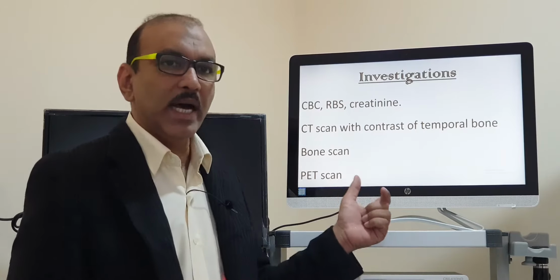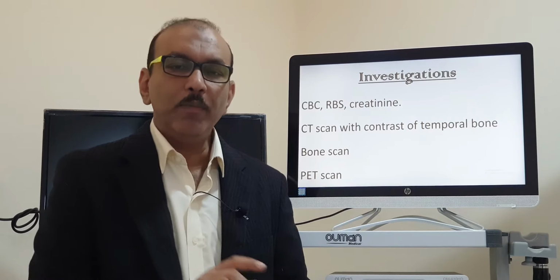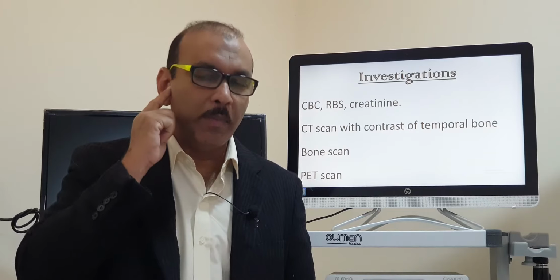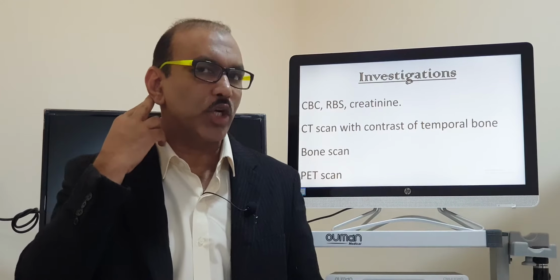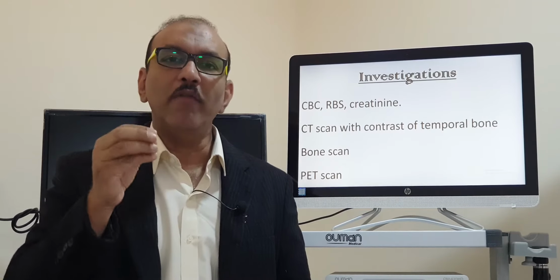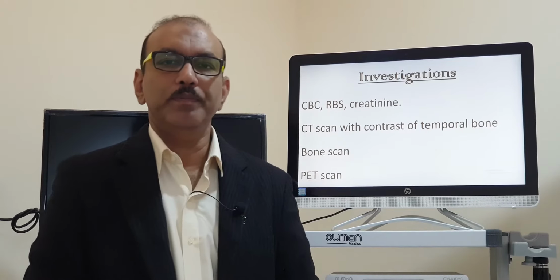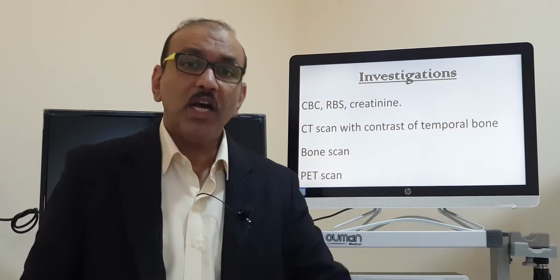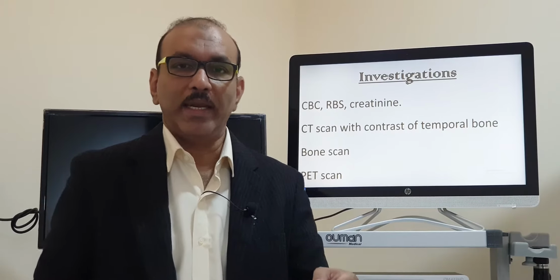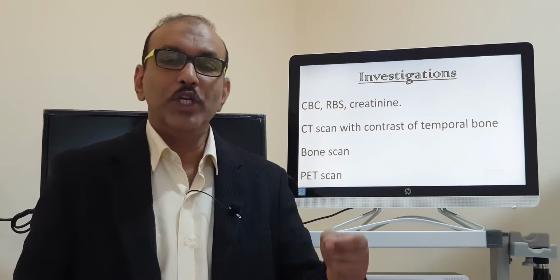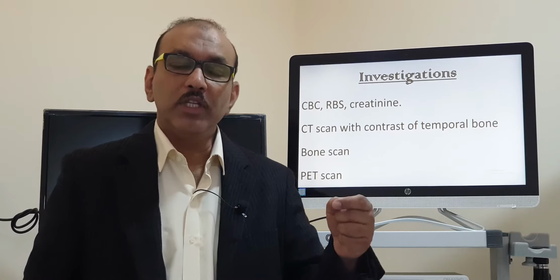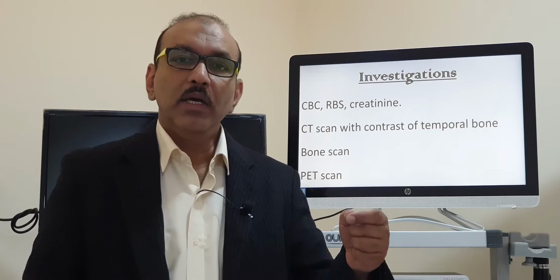So once it is done, we do a CT scan, and we can come to know that there is infection in the middle ear, that is the tympanum, and the part which is behind, which is called the mastoid air cell system, and you have infection in the petrous part of the temporal bone. Now to reconfirm this, we can do a bone scan, that is a technetium scan, which also will show that there is bone involvement in the petrous part.